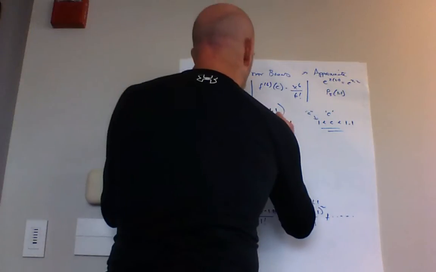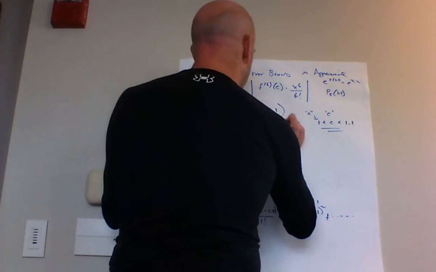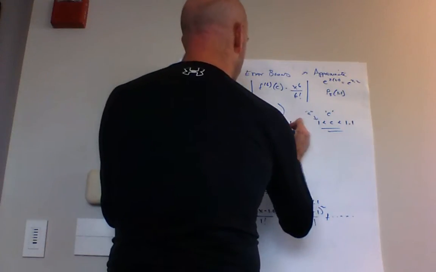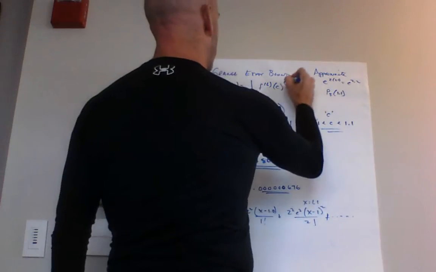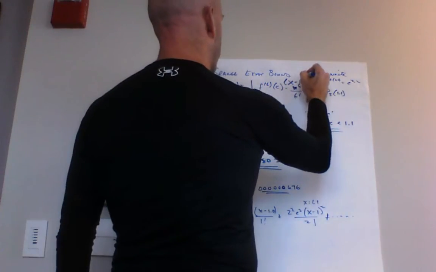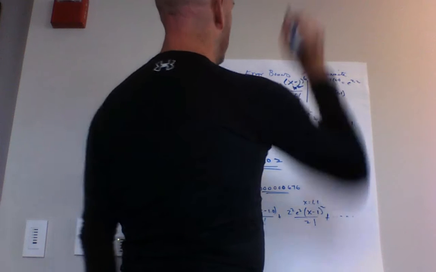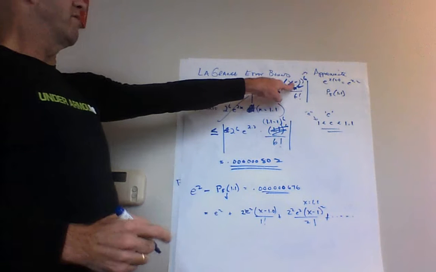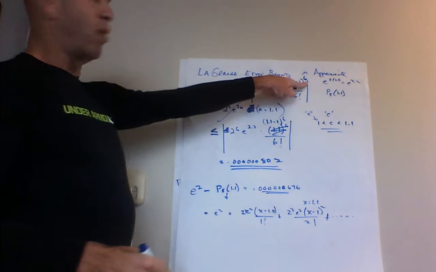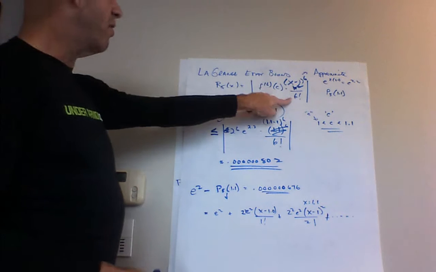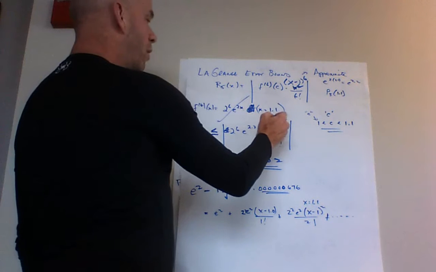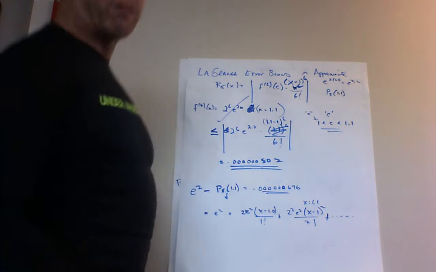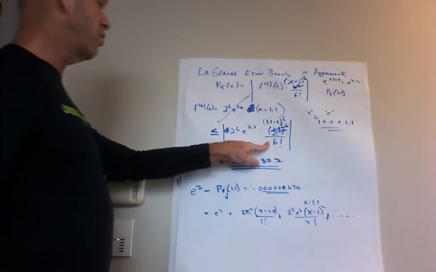This should be 1.1 minus 1 to the 6th, because it's x. So, look at that. I didn't write my thing with this thing centered up. So this should have been x minus 1 to the 6th. It's good I made that error over 6 factorial, so you see how easy it is. So this is 1.1 minus 1 to the 6th over 6 factorial.